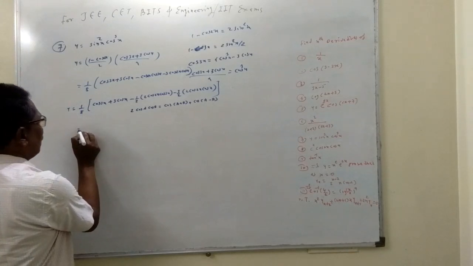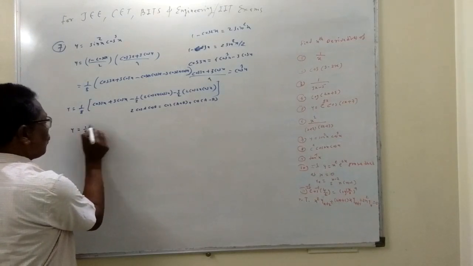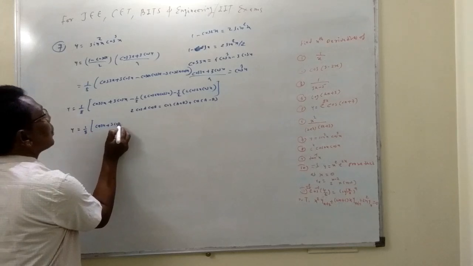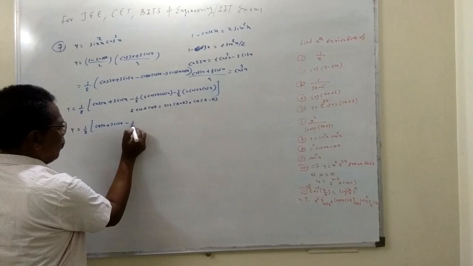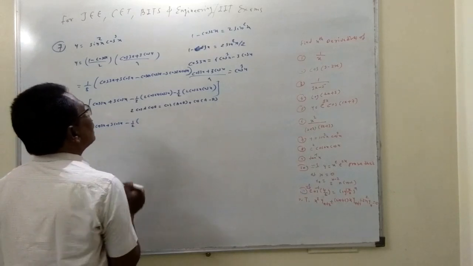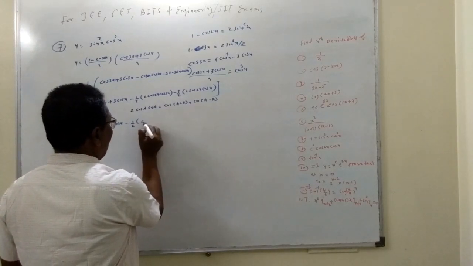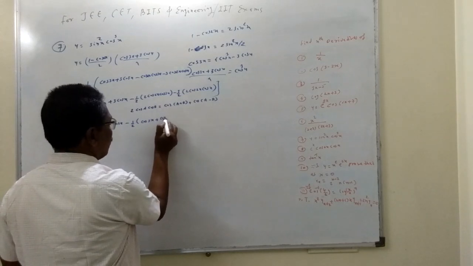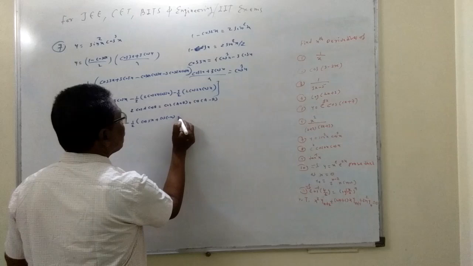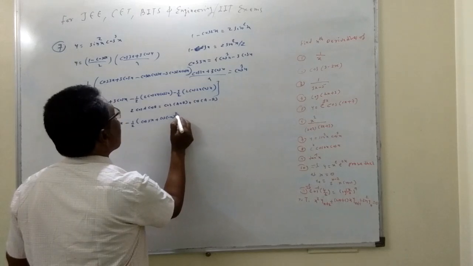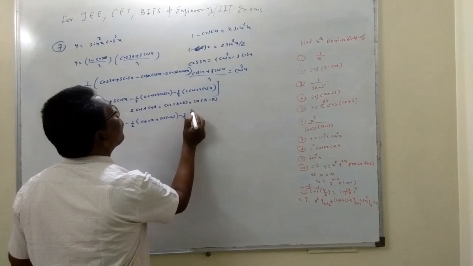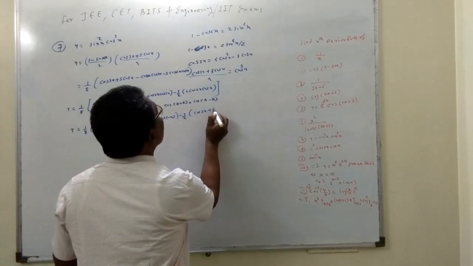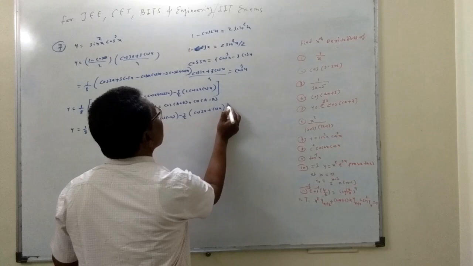So by this formula we will get y is equal to 1 upon 8 into bracket cos 3x plus 3 cos x minus 1 upon 2, cos 3x plus 2x, that is 5x, plus cos minus x, minus 3 upon 2 cos 3x plus cos x.